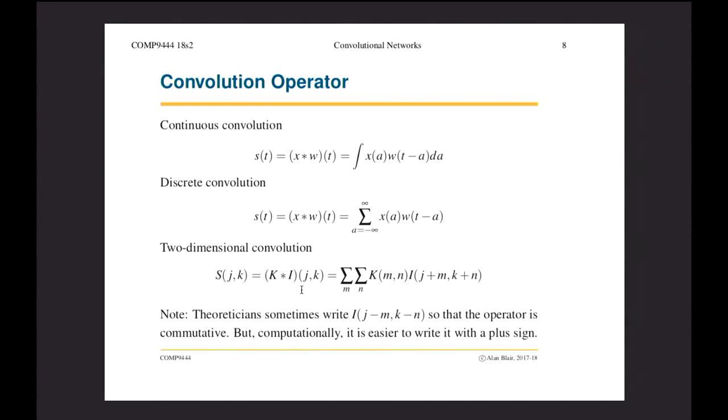But when we're in computer science, when we're doing something computationally, it's a bit annoying to deal with this minus sign. So usually we get rid of it and we just define convolution like this. It's essentially the same thing, but it's done this way for computational convenience.